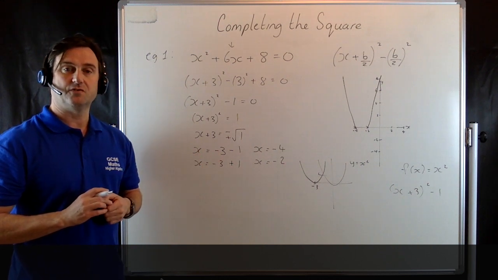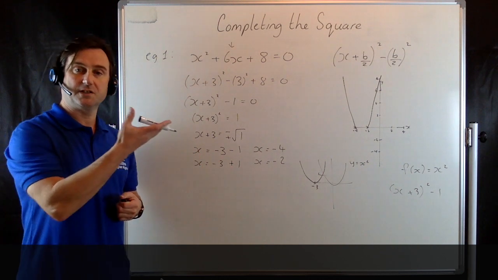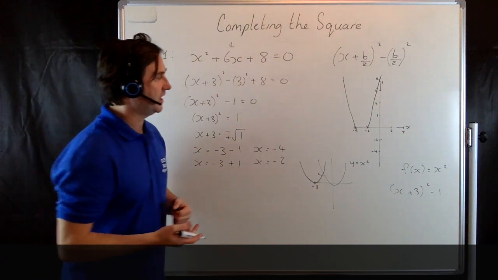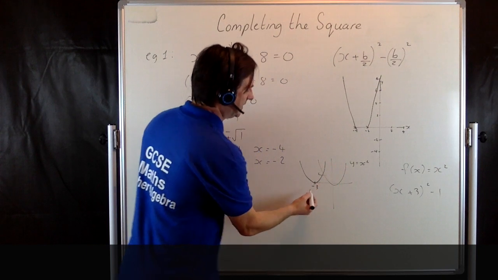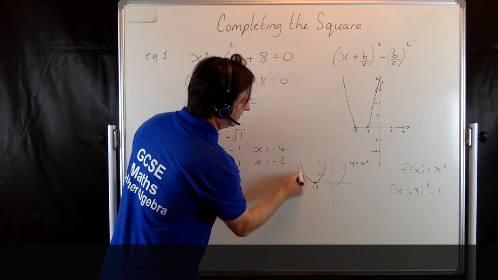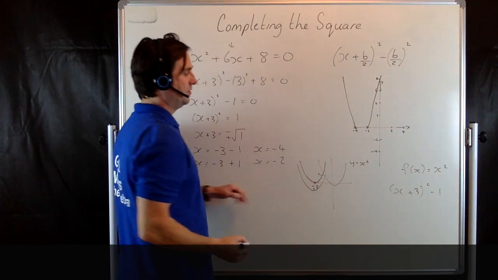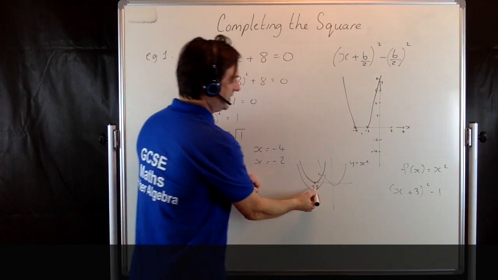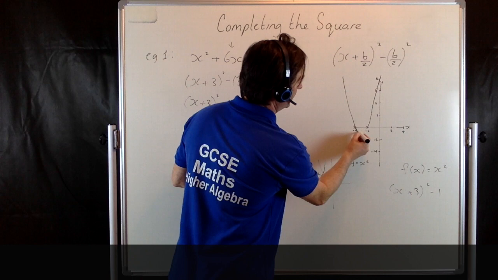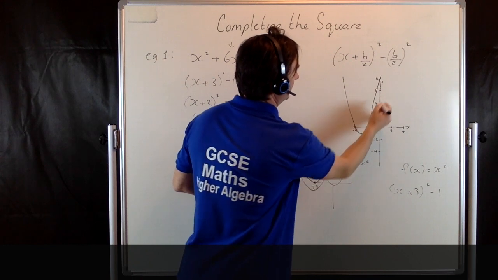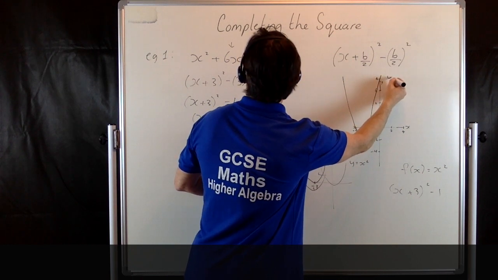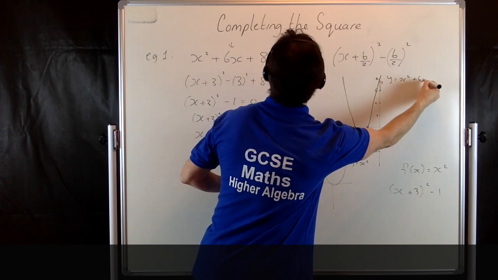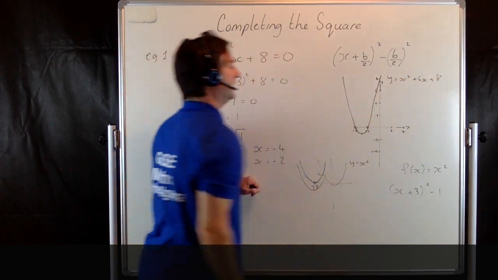That's a vertical translation, and it's doing what you'd expect. It's moving down the axis. So this one here is now going to shift down to negative 1. The vertex here is at negative 3, negative 1, so I can finish off my curve, and I've got my graph of y equals x squared plus 6x plus 8.